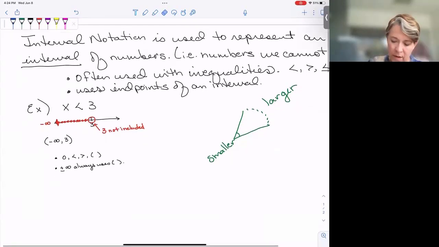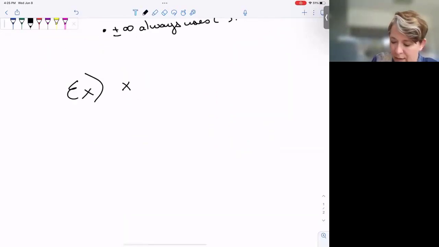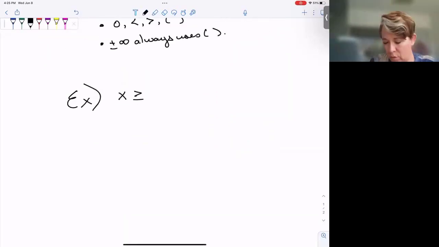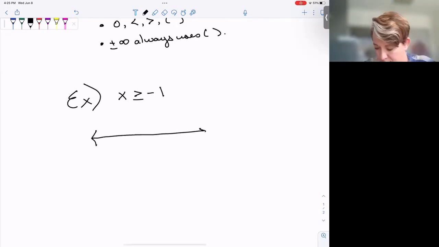Now let's take a look at another example. Suppose we had x is greater than or equal to -1. If we did that on a number line, we would color in the -1, because it's or equal to, which means -1 would satisfy that inequality. And x is on the larger end of the inequality, so any number larger than -1 also works. It goes all the way out towards positive infinity.